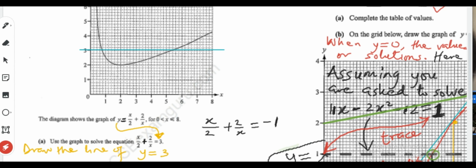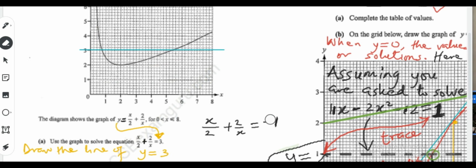We just draw the line of y equals minus 1, which would be something like this. And it can't cut the graph, so we wouldn't do that. So this one is undefined. It has no solution because the graph doesn't touch it at all.